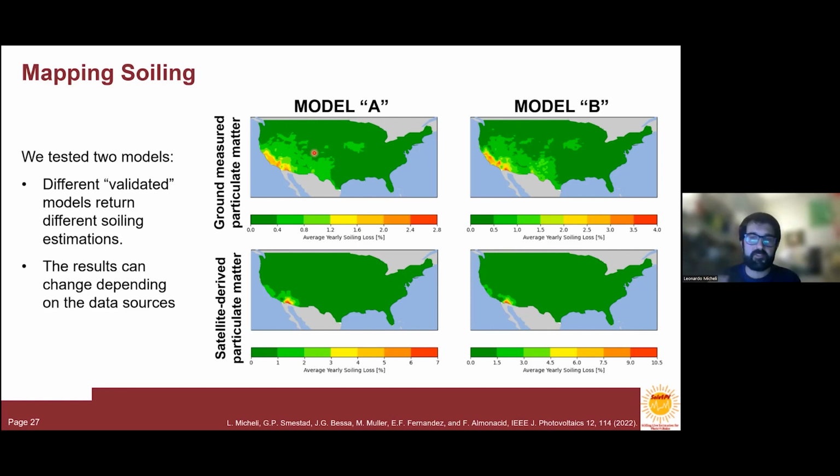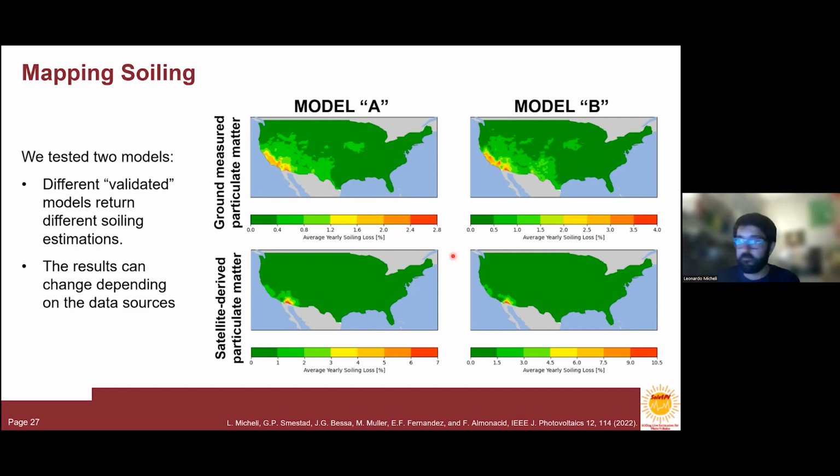However, we can also use satellite-derived particulate matter. And the community has been using different models, inputting either satellite-derived data or ground-measured data as if they were interchangeable.